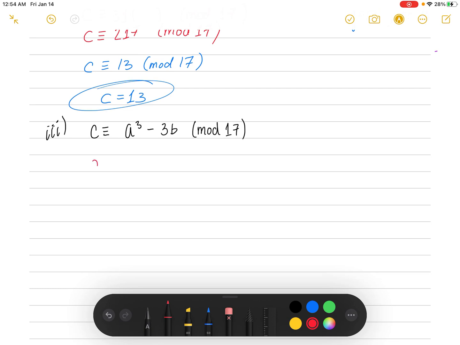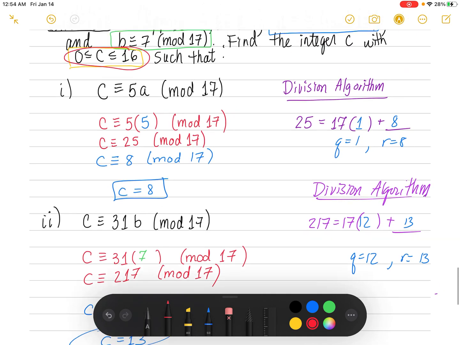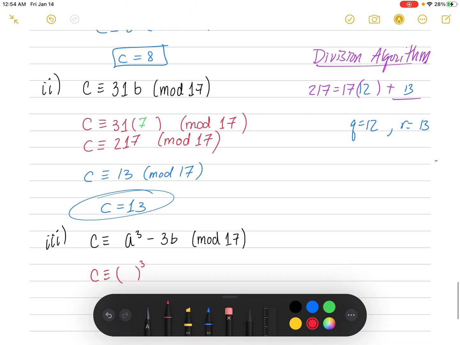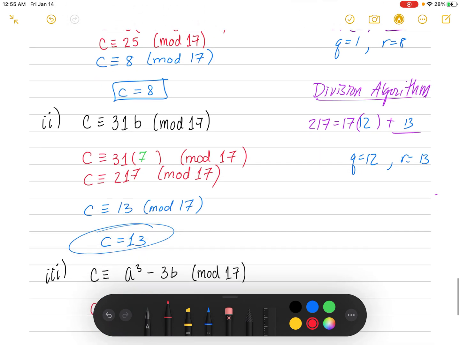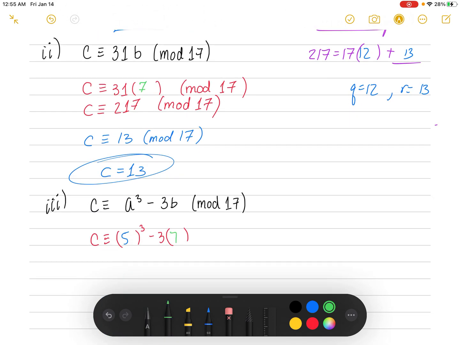Okay, so here we have C is congruent to a cubed. Well, we know that a was congruent to 5, so we're going to put a 5 in there in place of a, minus 3 times, what was b congruent to? B was congruent to 7. And this is all mod 17.